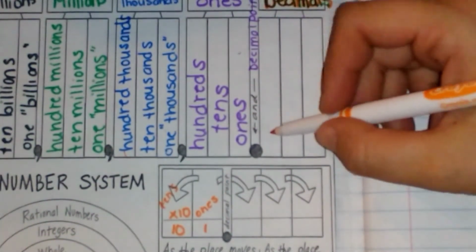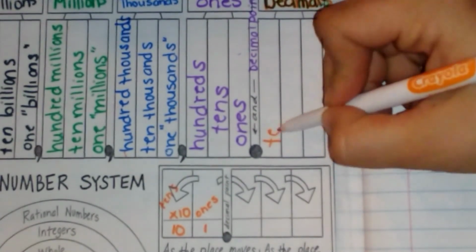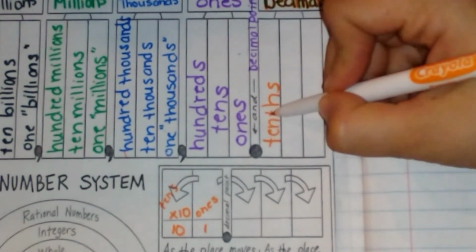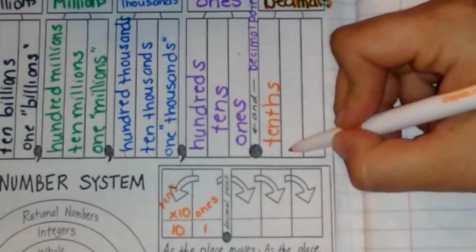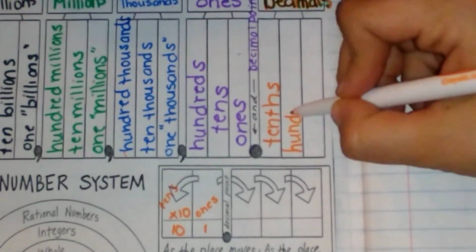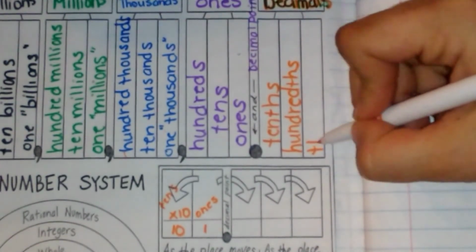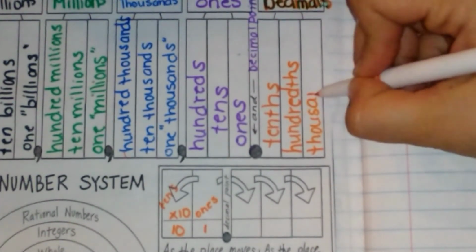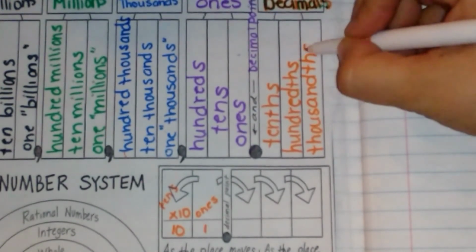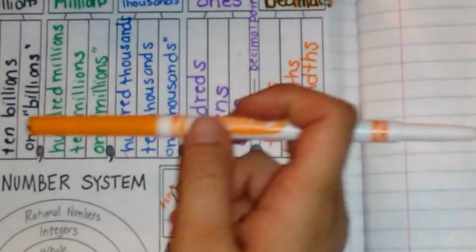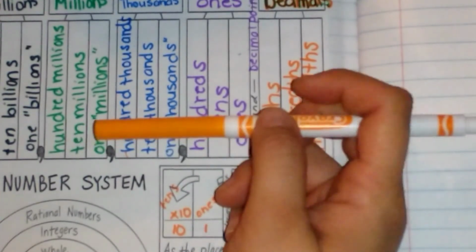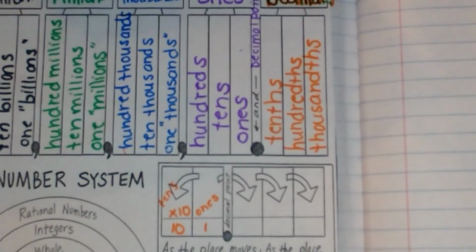There's not a oneths place. It starts at tenths. Add 10 and a th. Then we have hundredths. And then we have thousandths. So the further we get away this direction, away from the decimal point, the smaller the number gets, okay?